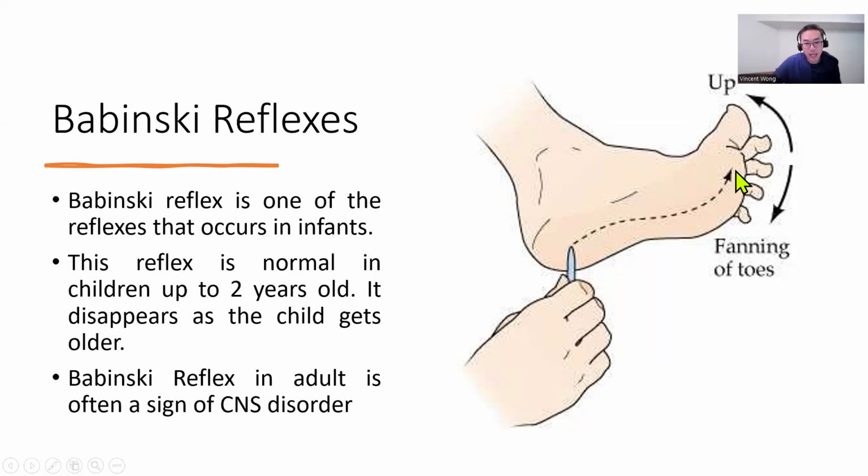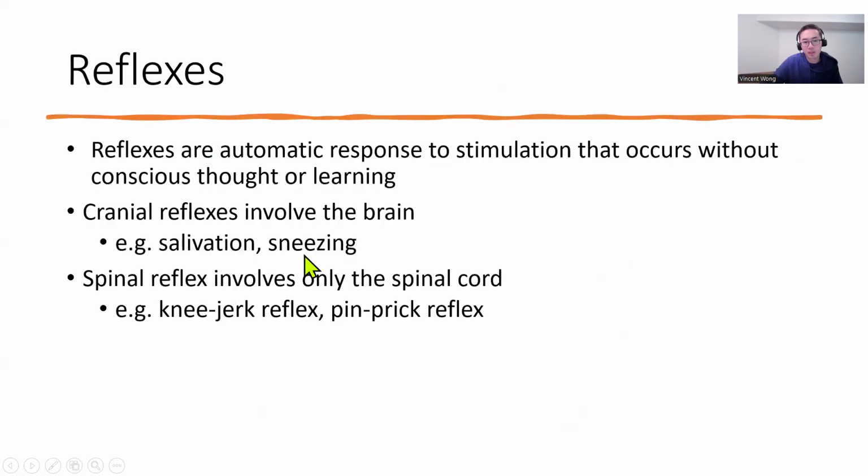If you do this to an adult and they also show the Babinski reflex, then it is a sign of some kind of CNS disorder, and further investigation is needed. So some reflexes will disappear as we grow up. Others will continue to stay with us, like all these ones that we talked about, which are lifelong.